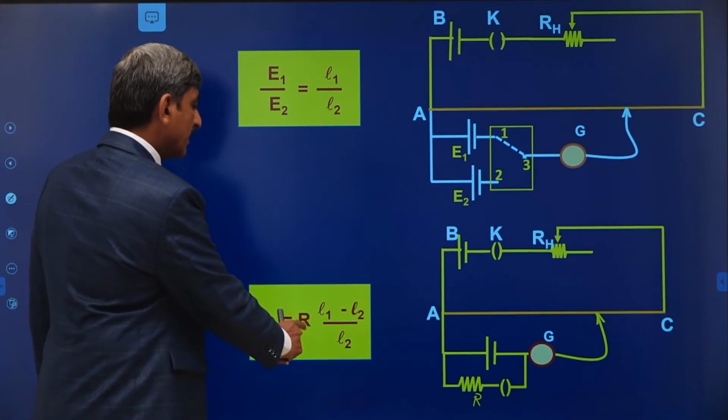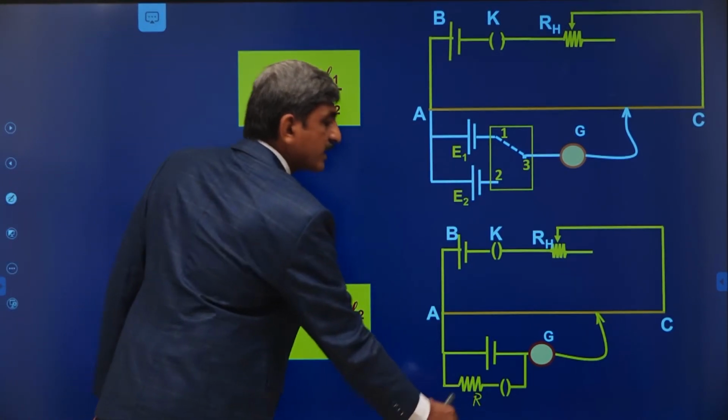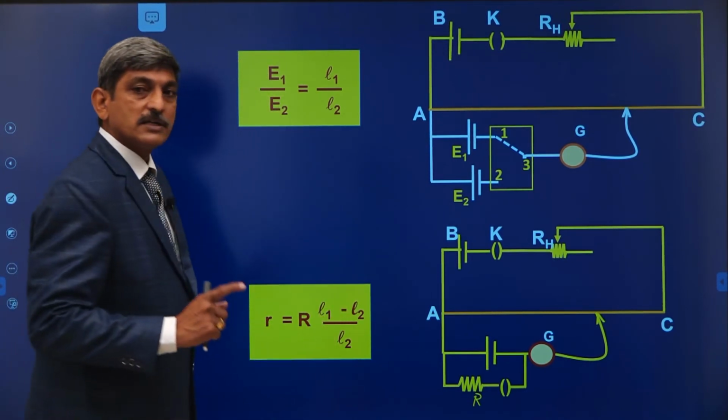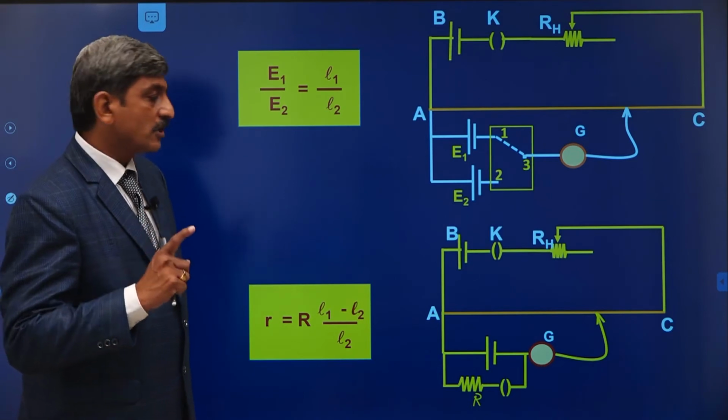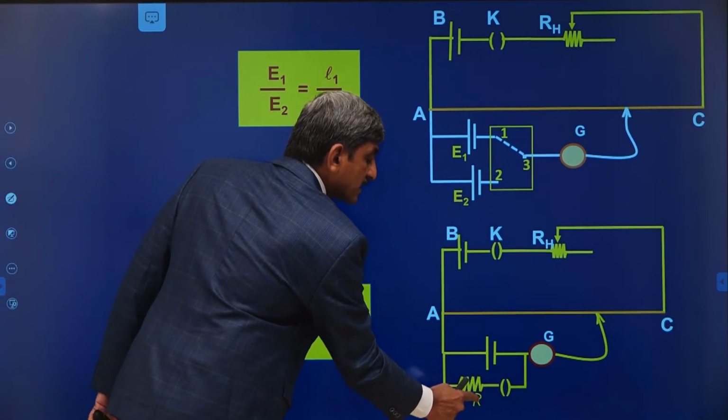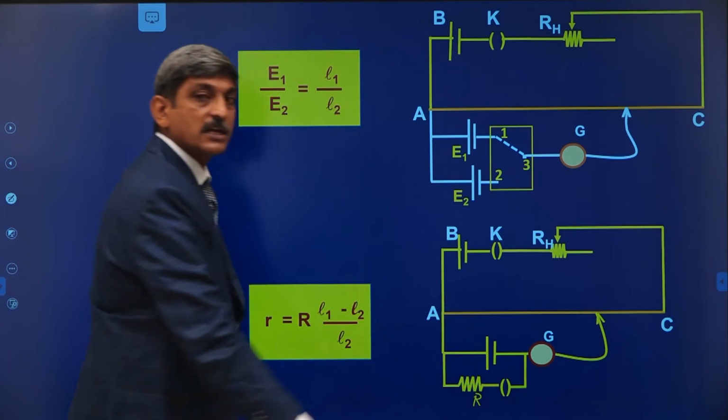Here R is the external resistor connected across the battery in the secondary circuit. L1 and L2 are the balancing lengths of the potentiometer when only the cell is connected in the circuit and when the external resistor R is connected across the cell in the secondary circuit.